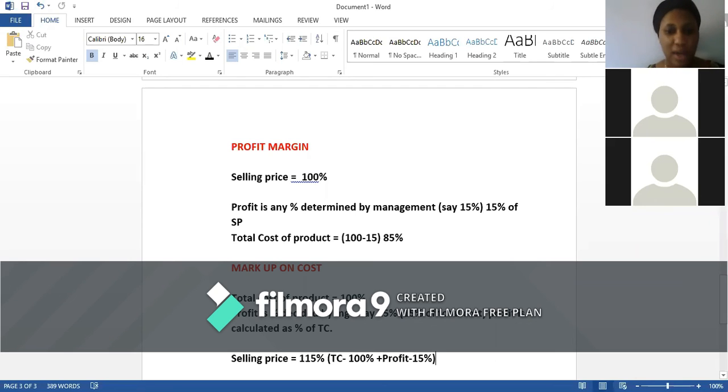Okay, I hope this is clear. Yes, it is. I hope the concept of profit margin and markup on cost is clear. Yeah? Did I hear yes? Yes, it's clear. All right.